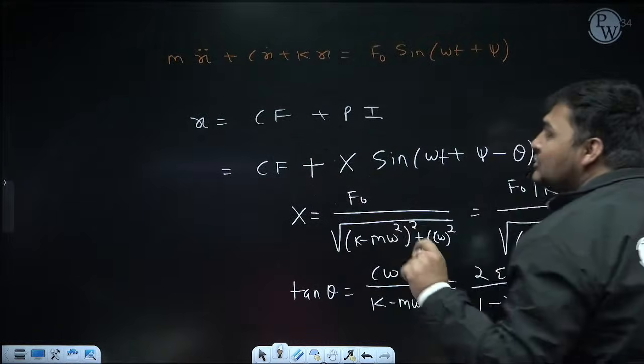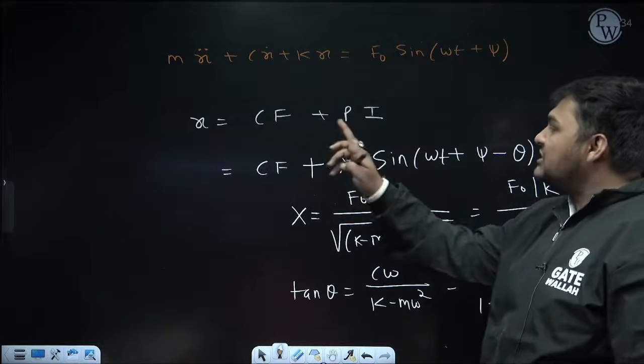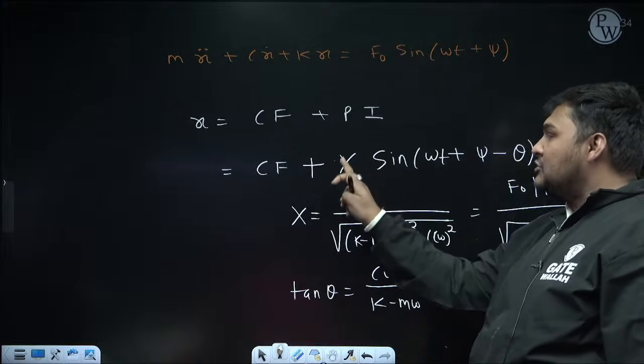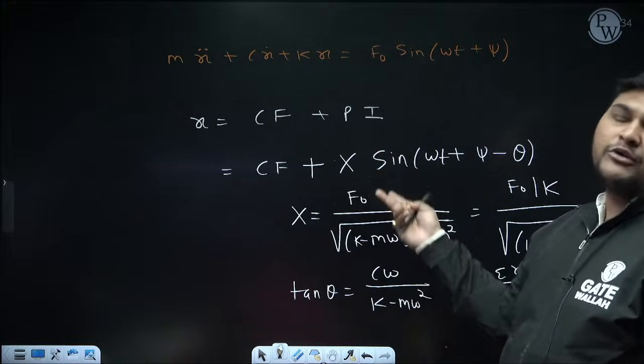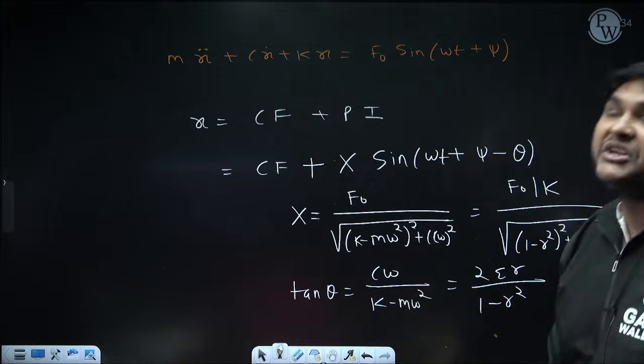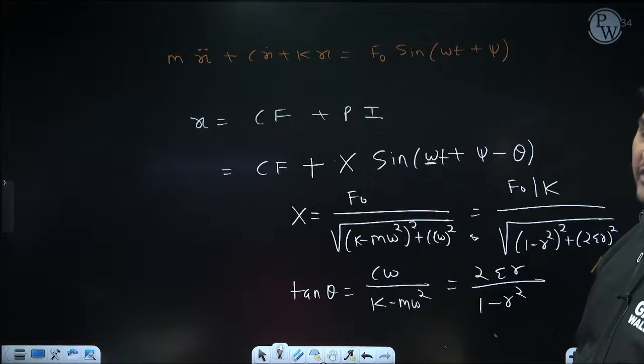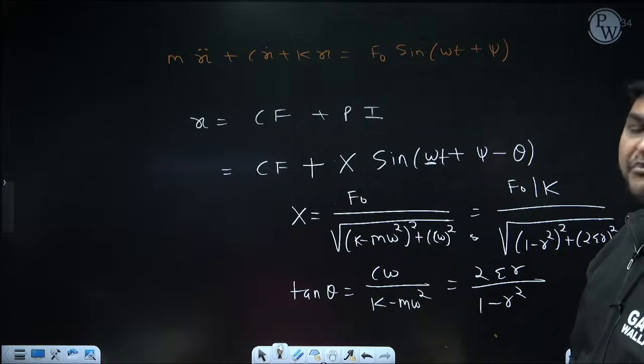If I ask what is the amplitude of steady state vibration, x is equal to x_p, so the amplitude of x_p means the amplitude of steady state vibration, which is capital X. If I ask what is the frequency of steady state vibration, it is omega, which is the frequency of x_p also.